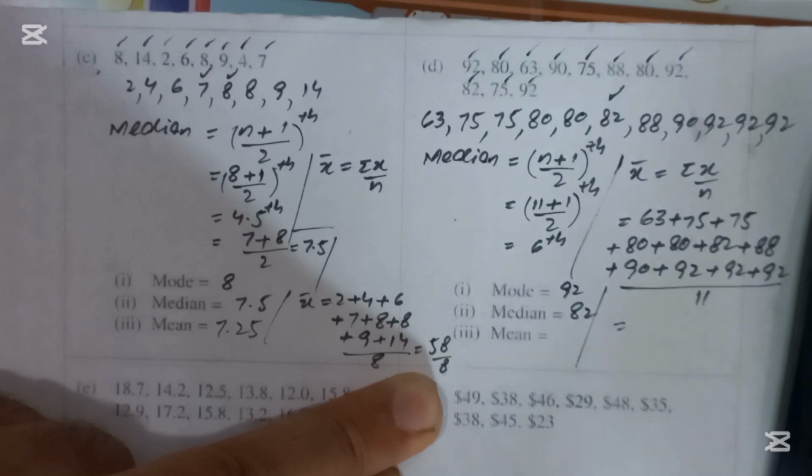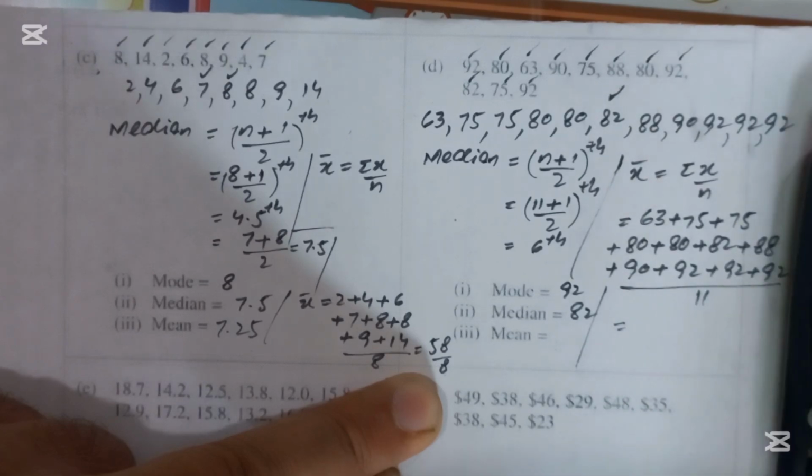So 63 plus 75 plus 75 plus 80 plus 80 plus 82 plus 88 plus 90 plus 92 plus 92 plus 92.